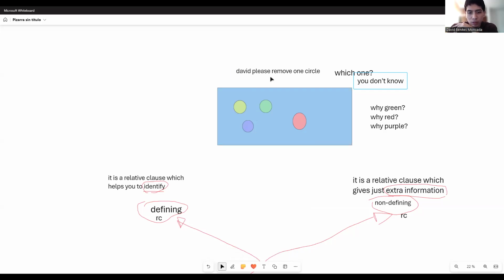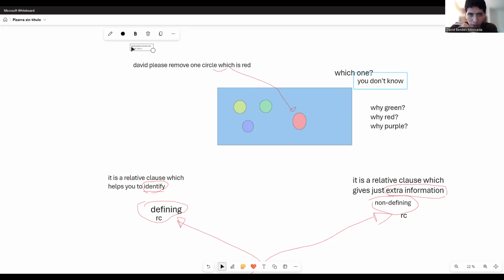But now look at this. David, please remove the circle, which is red. Now you know, right? Remove the circle, which is red. So you drop this one. You see? It was like, David, please remove one circle.